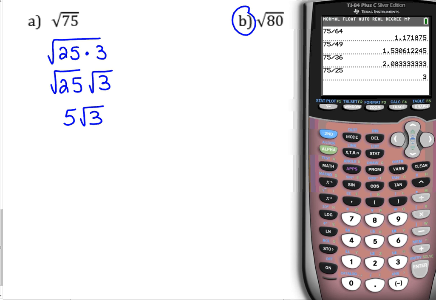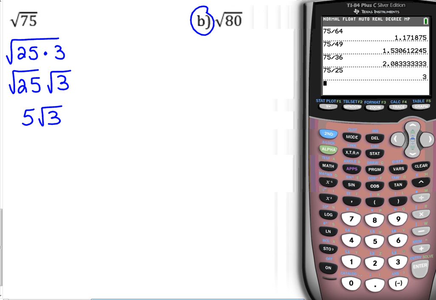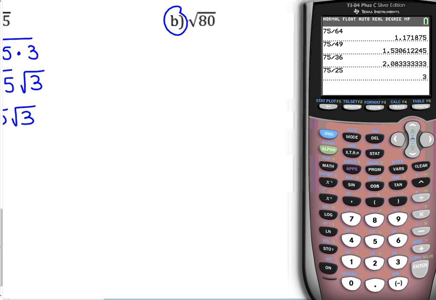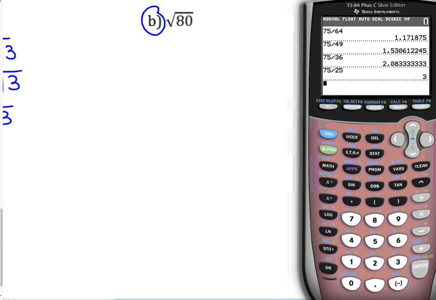So you want to go backwards so you find the largest one. So you can start dividing by your perfect squares if you want.